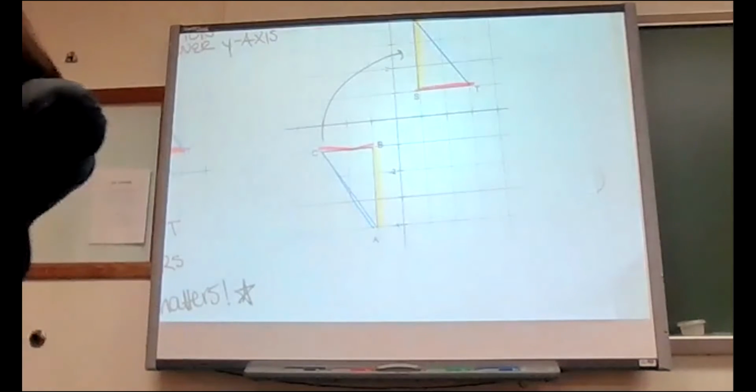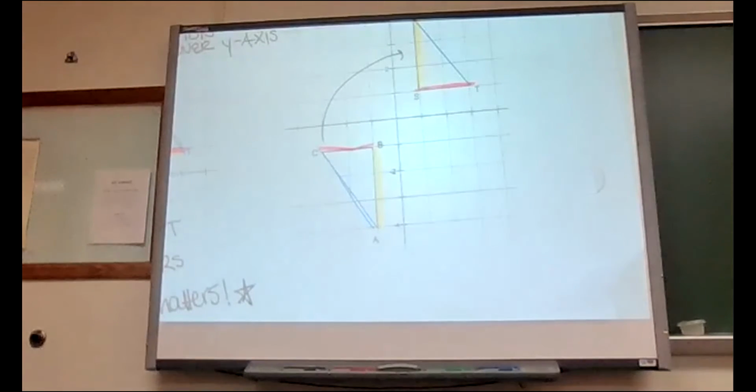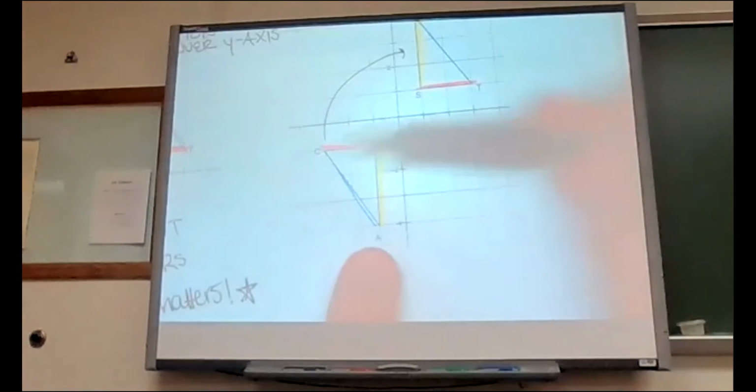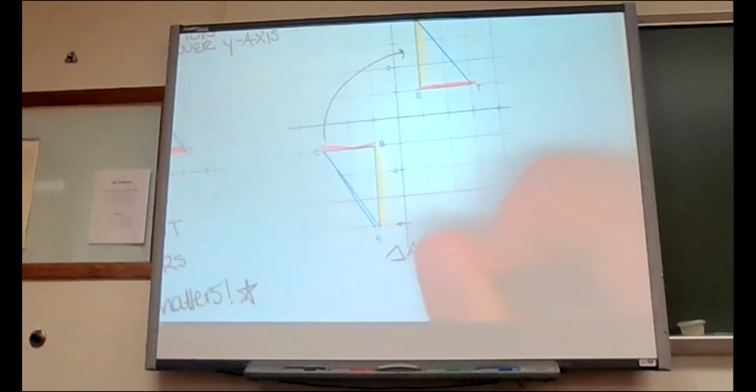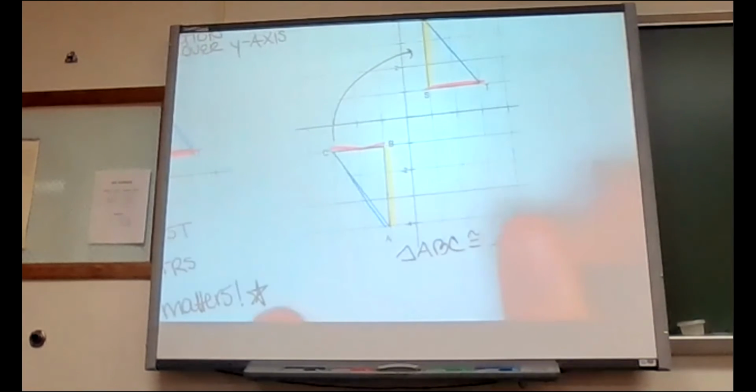So these triangles are ABC and RST. If I went ABC, it's still gonna go RST, right? Did anyone have anything different than that?